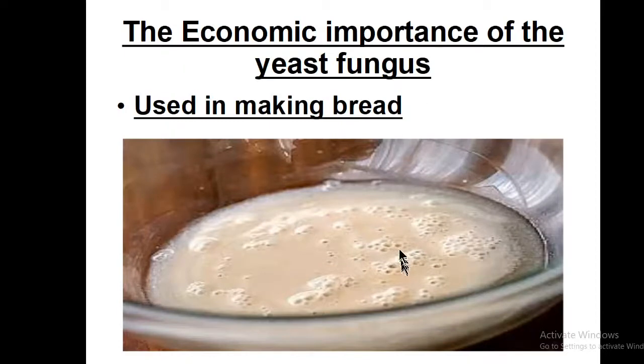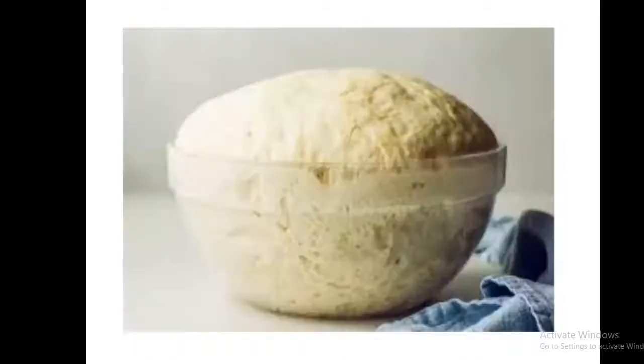These bubbles are due to the carbon dioxide gas. So when we add yeast during making bread or when we make pizza, carbon dioxide gas is produced from the yeast and causes the swelling of the bread.